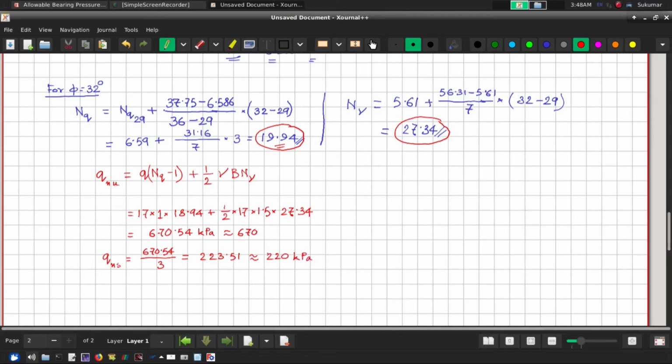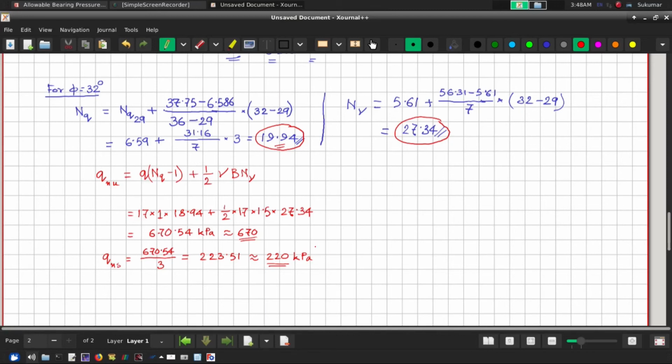Because soil is a very uncertain material, we try to always be on the safe side, so we are rounding off at both the stages.